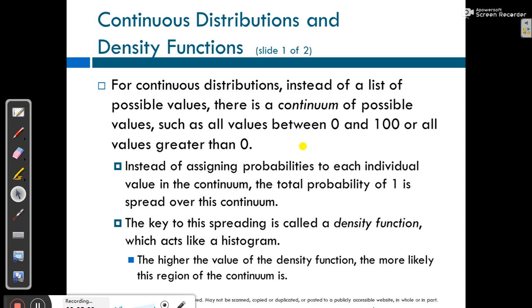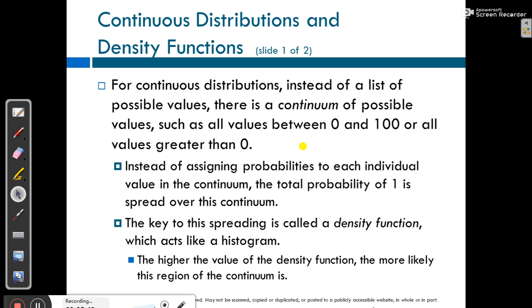For a continuous distribution, instead of a list of possible values, there is a continuum of possible values, such as all values between 0 and 100 or all values greater than 100. So this is a continuous distribution.